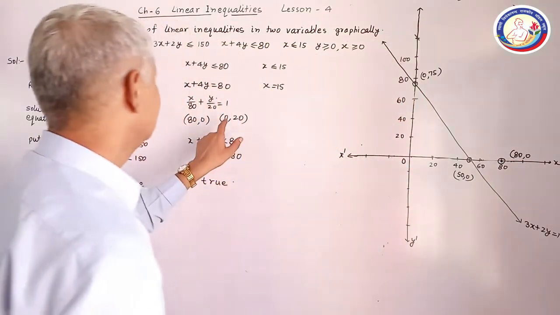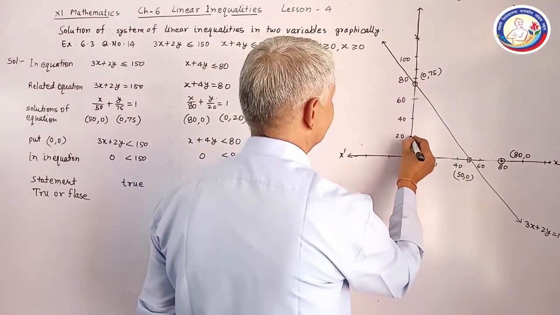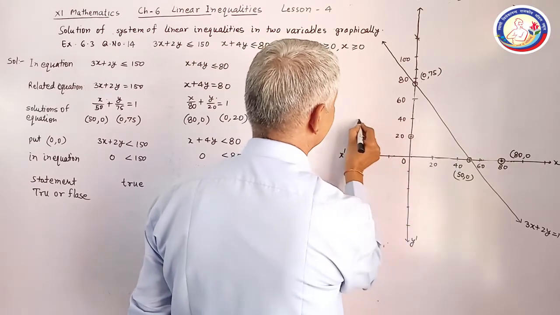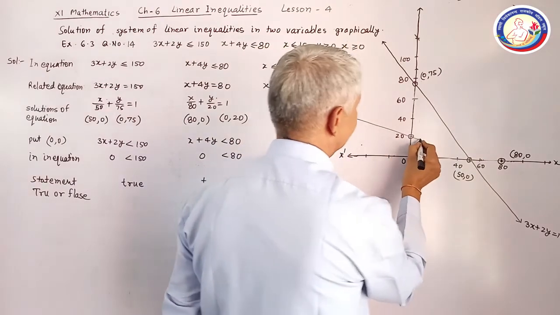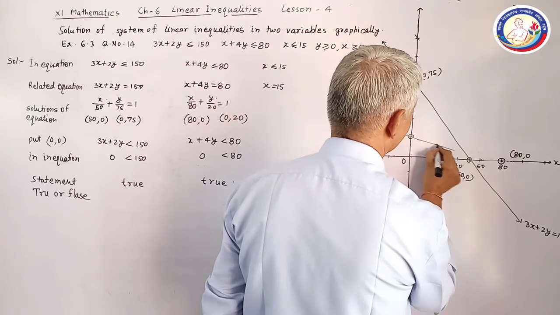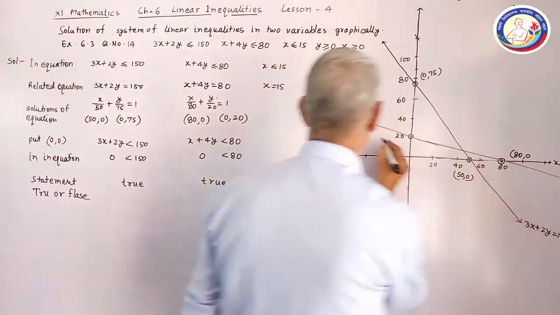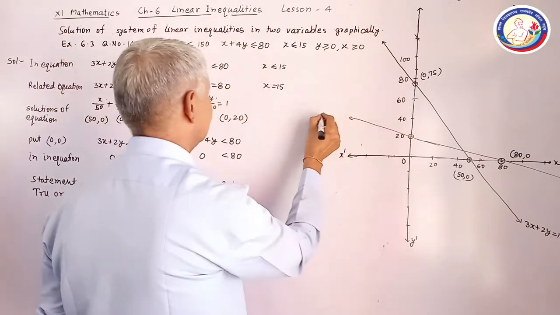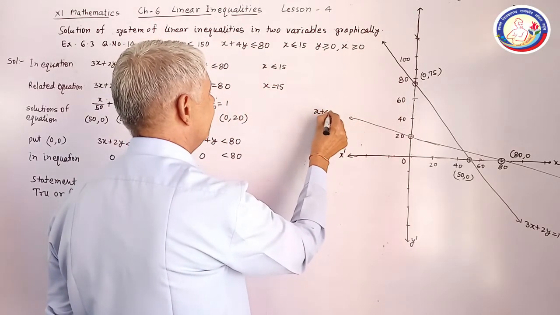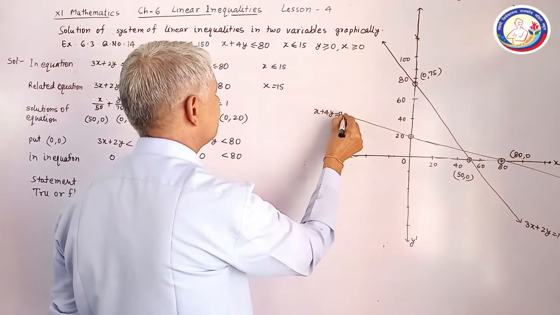And the second point will be 0, 20. This is 0 and 20. Join these 2 points. We will obtain the graph of the equation, and the equation is x plus 4y equal to 80.